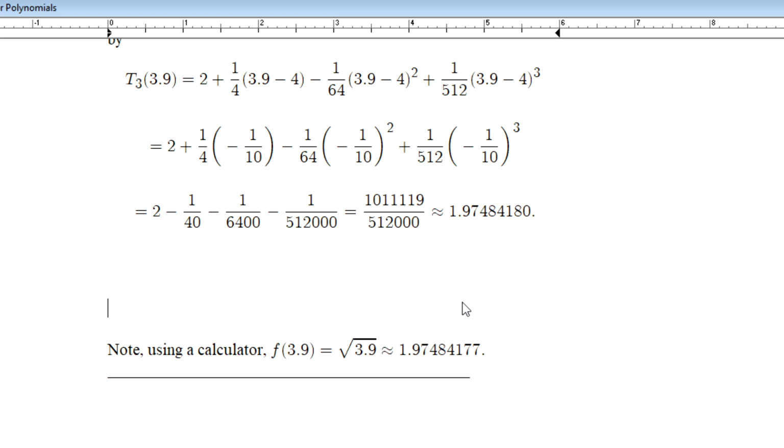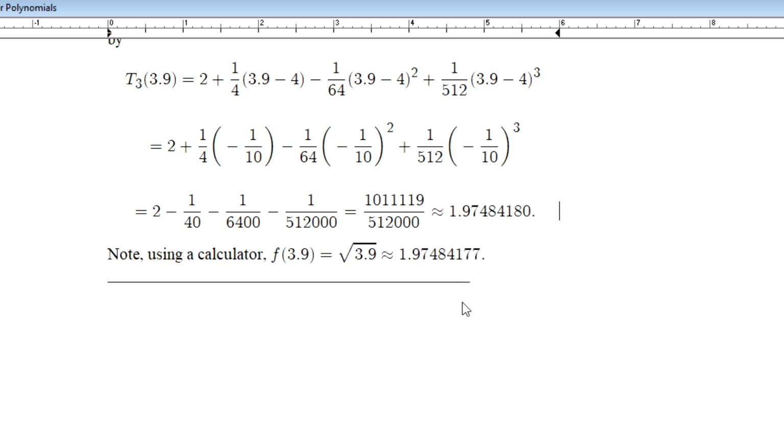If we actually look at the calculator's result for the square root of 3.9, this is what the calculator gives us. And notice the degree of accuracy here, folks. This Taylor polynomial is accurate out to the nearest 10th, 100th, 1000th, 10,000th, millionth, 10 millionth in value.